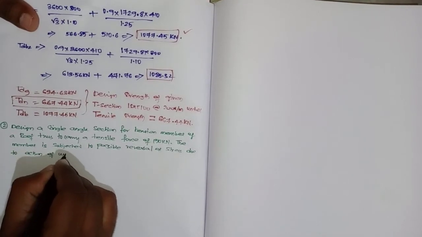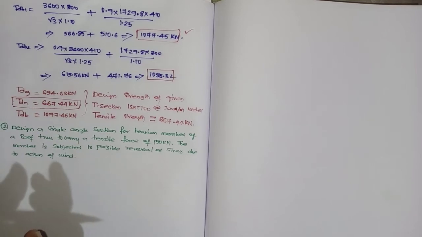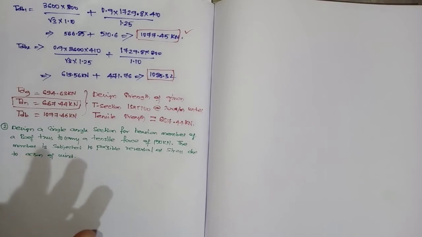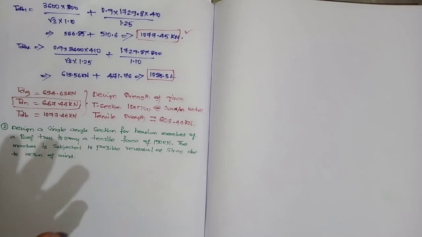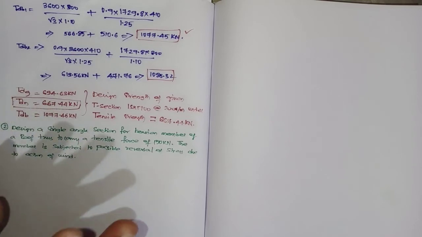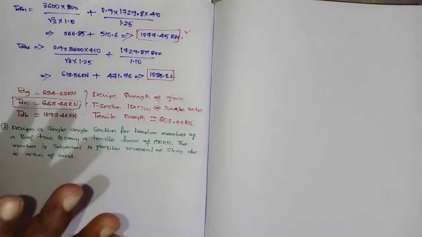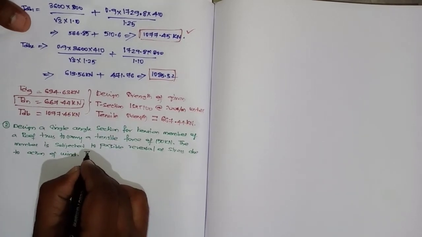So while discussing the theory regarding the tension members, maximum slenderness ratio values we have seen. If a member is always under tension, it will have a maximum slenderness ratio value of 400. Next, a member in which reversal of stresses occurs because of wind has a maximum slenderness ratio value of 350. And a member in which reversal of stresses occurs not because of wind load has 180. So you have to remember those values while calculating the slenderness ratio.